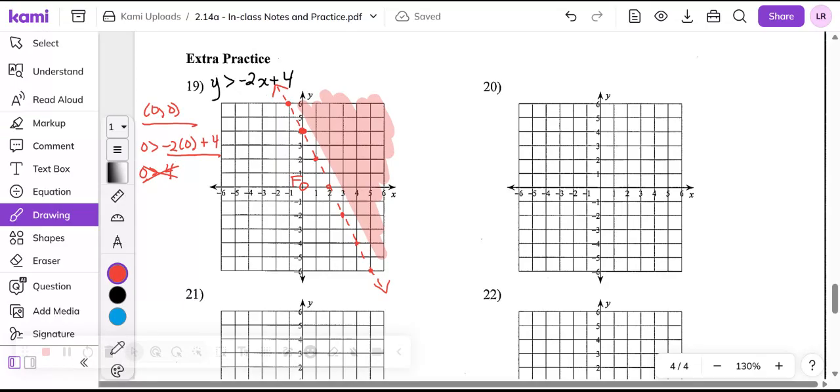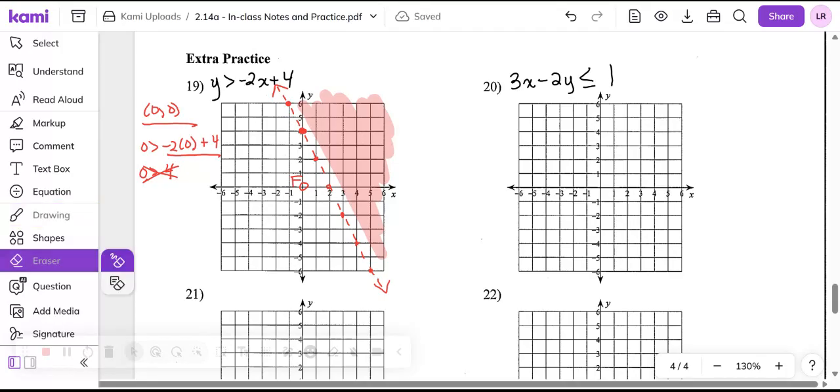Okay? Now, number 20, I'm going to do one that is not in slope intercept. So let's just go with this one. Let's go with 3x minus 2y is less than or equal to 1.